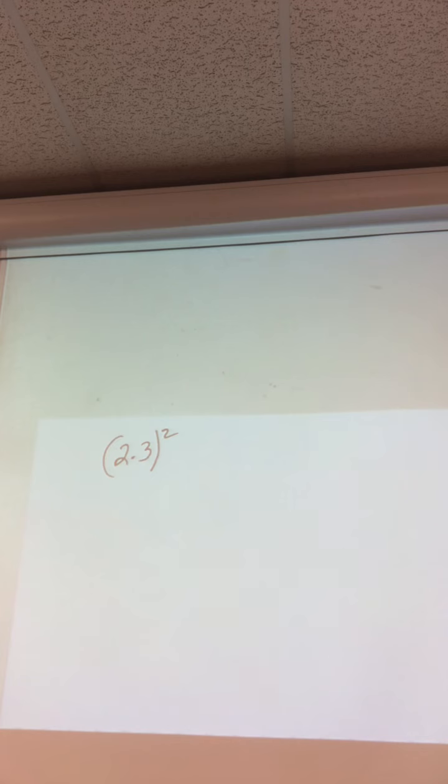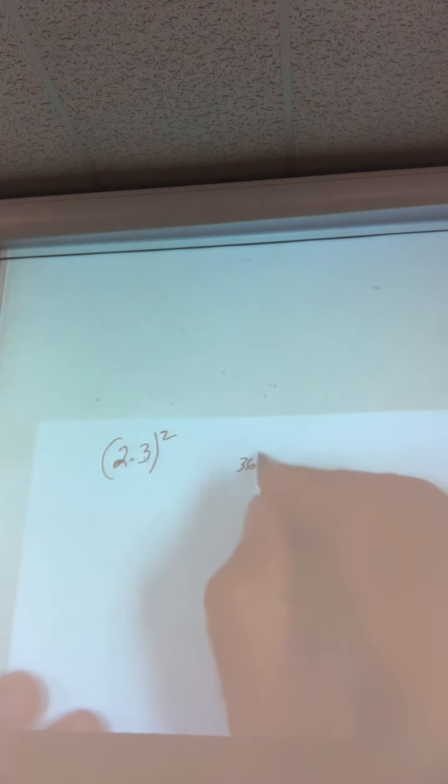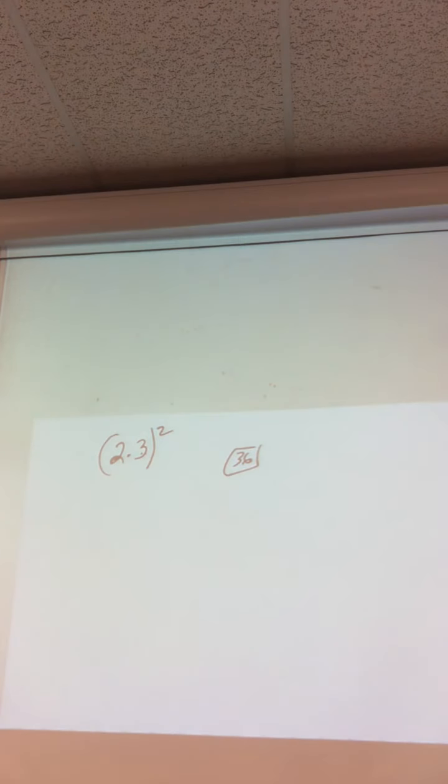If I take 2 times 3 and I square it, I'm going to work this 2 different ways. First, let's do what's in parentheses. What is 2 times 3? It's 6. Now, what is 6 squared? It's 36. So the answer to that's 36.